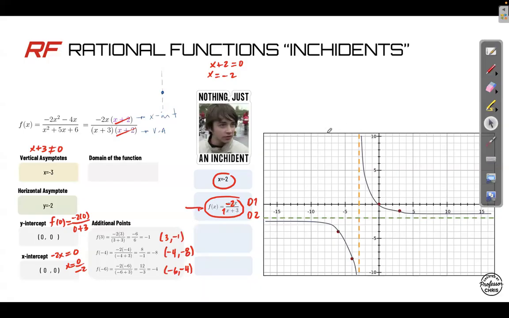Now, let's go back to that incident at the beginning. We cannot forget about that value. So at this point it is time to evaluate the function with that value that caused that incident. You're going to evaluate the new function with the value that you had to cancel out.